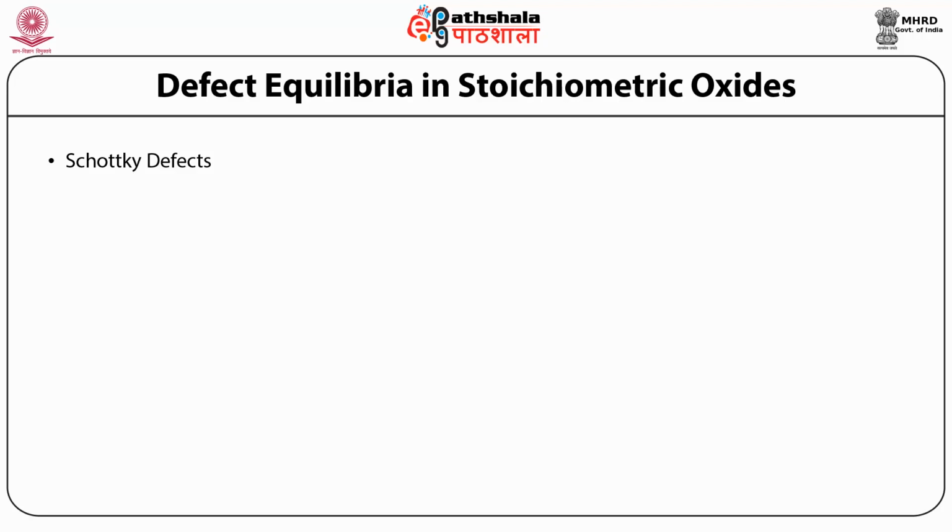The defect reaction for an oxide MO can be written as null gives VO double dot plus VM double prime. The equilibrium constant for this reaction is Ks, which is equal to [VO double dot] into [VM double prime], that is the product of the reaction.